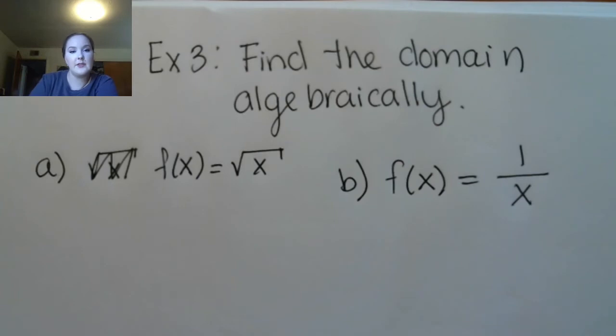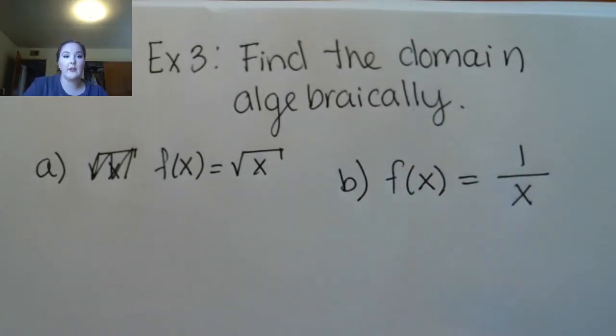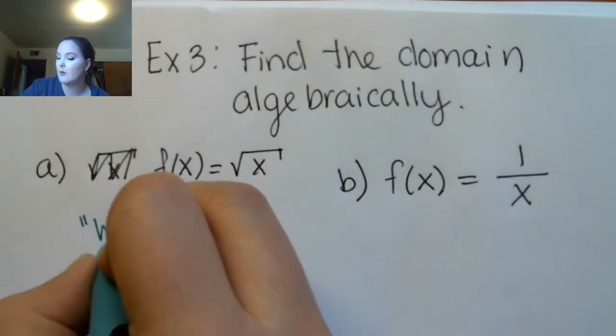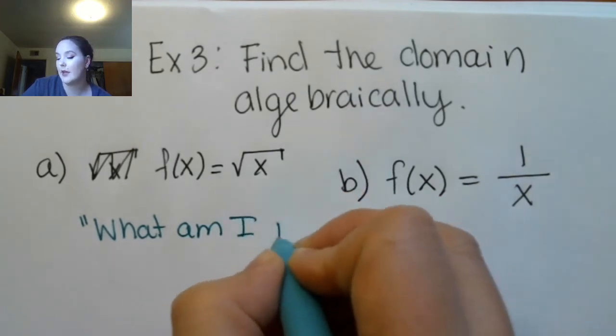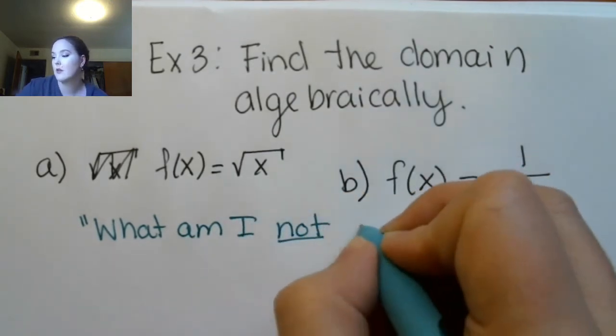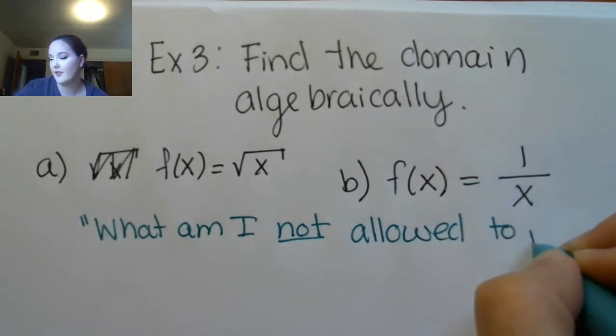And these two base functions will let us talk about the general rule for finding the domain. So when you're thinking about finding the domain algebraically, it's easier to think about what's not in the domain. So what you're asking yourself is, what am I not allowed to plug in for x?